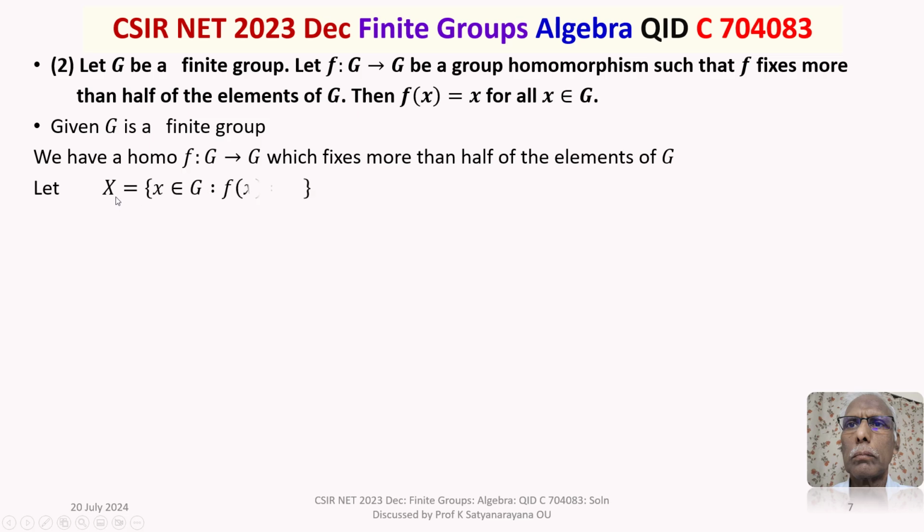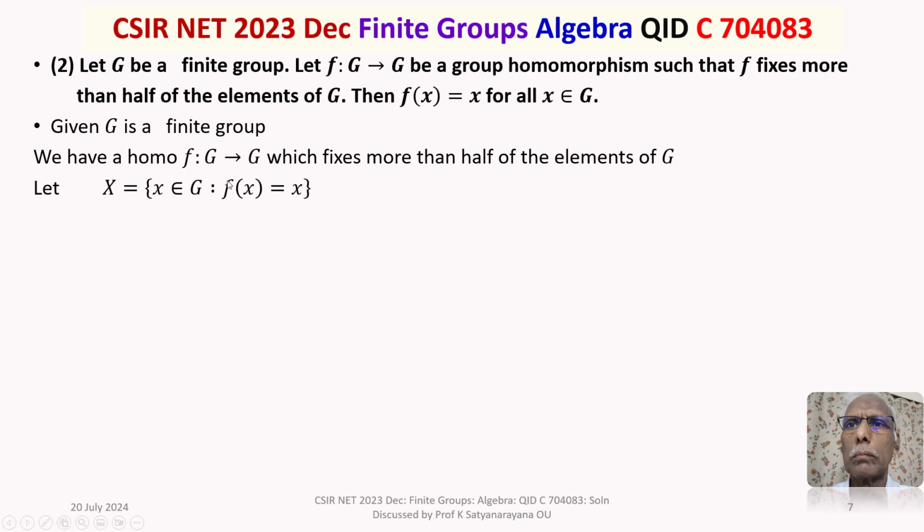Let capital X be the set of all those elements of G which get fixed by the homomorphism f. That means the set of all x belongs to G such that f of x is equal to x. And what is X? X is a subset of G, and X is non-empty.